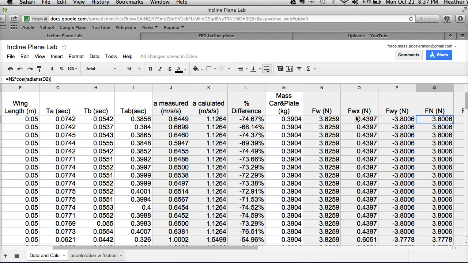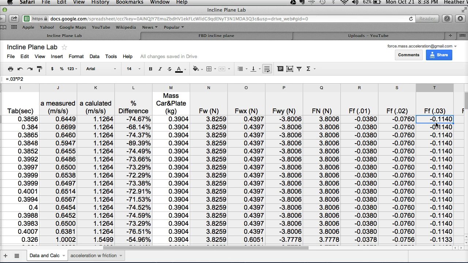Normal force was just equal to mass times gravity times the cosine of theta, and so we can see here that it's equal in magnitude, opposite in direction, as it should be because the car did not sink into our plane.